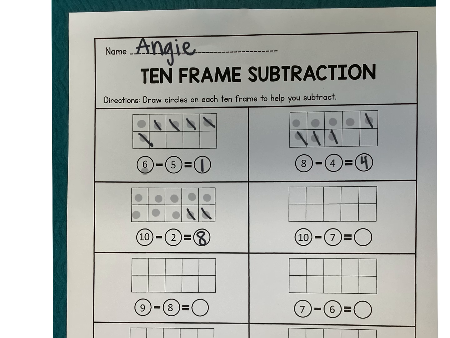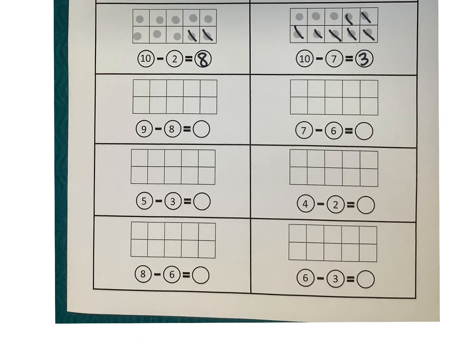Okay, next one. We do 10. And then we cross off 7. We have 3 left. You can also think of those as backwards 10 friends, because 2 and 8 are 10 friends, and 7 and 3 are 10 friends.